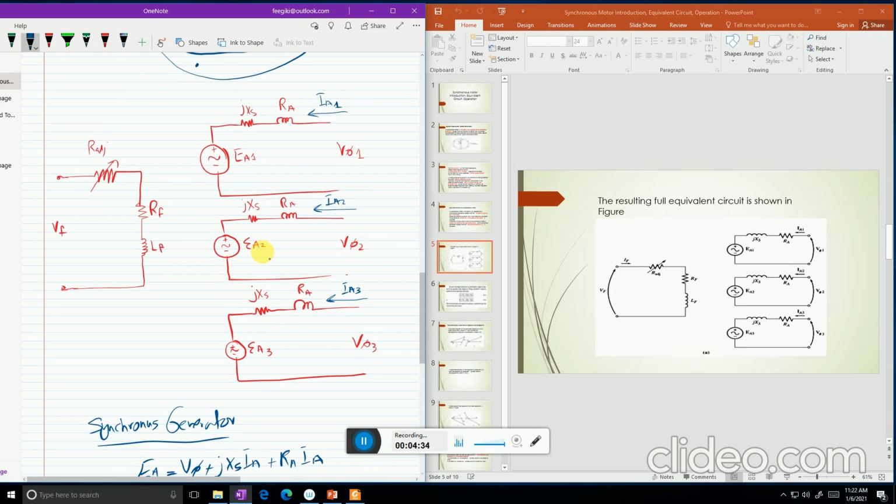Now this V phase which is supplied to the stator winding is equal to this voltage drop, this voltage drop, and this voltage.